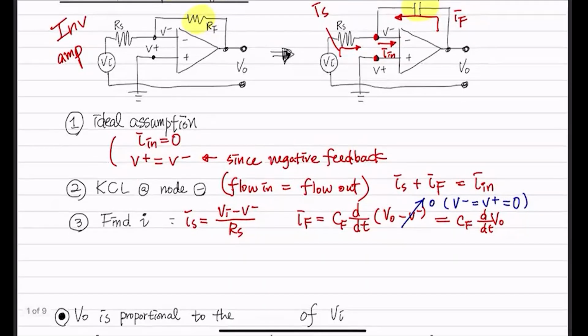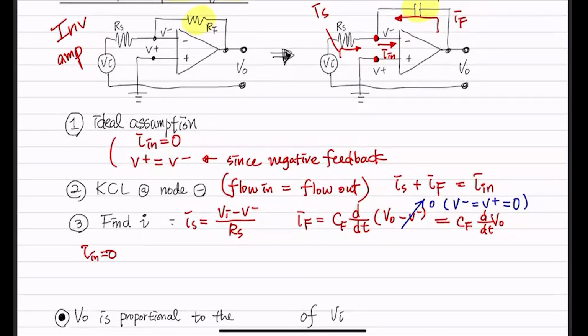And we know that IN is 0 based on our assumption, right? So we got IN, IS, IF, so we can plug that into this equation, right? Just plug everything in.